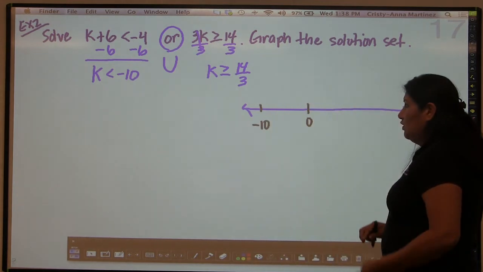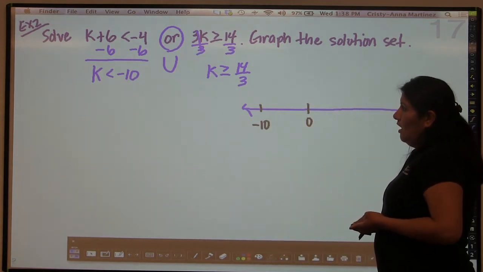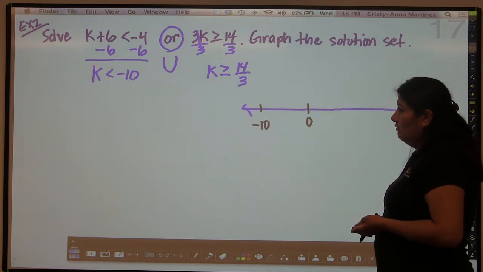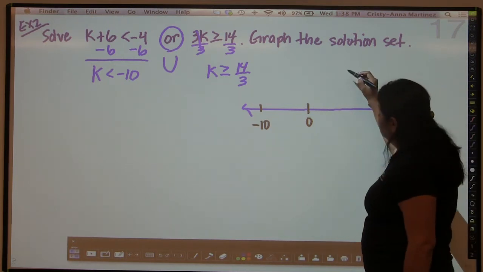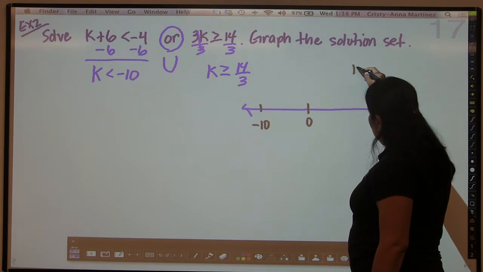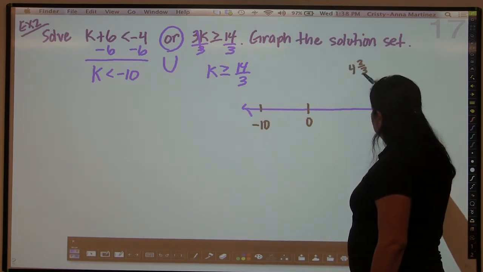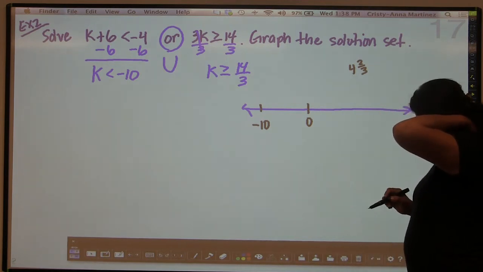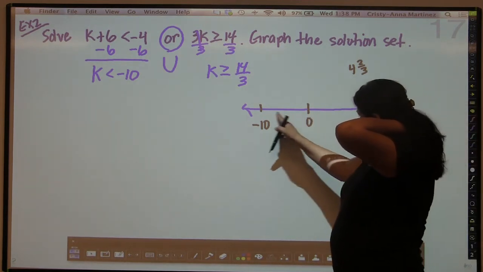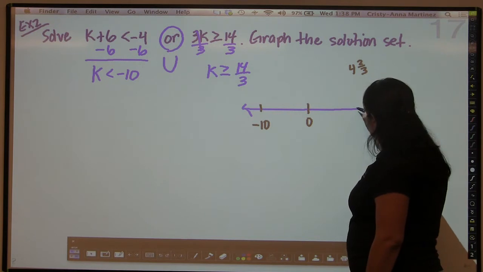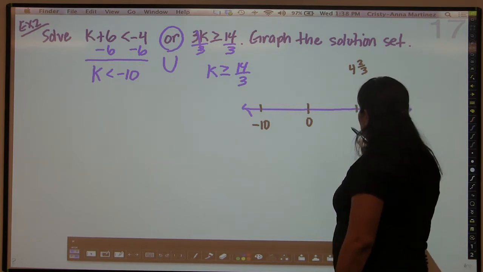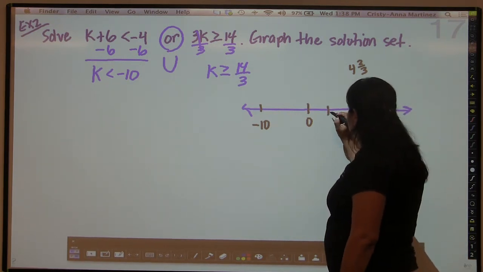And 14/3, we know that 3 goes into 14 4 times, which is 12. So 14/3 is the same thing as 4 and 2/3. Okay, so if this is negative 10 and this is like a positive 10, then 4 and 2/3 is roughly somewhere here.